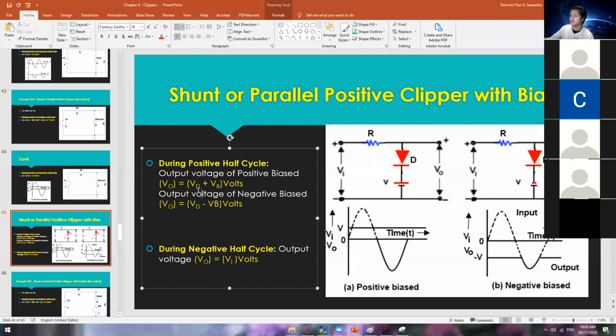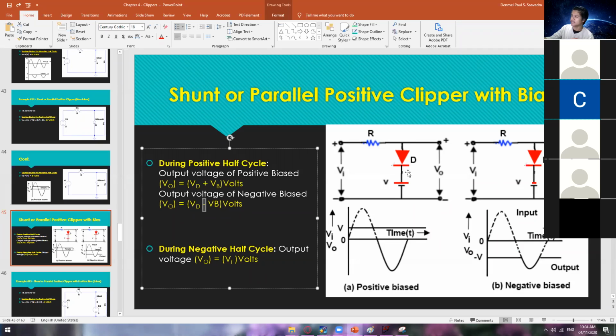All right, and then during the negative bias, the same idea: if it's in forward bias, then we have a complete loop in here. But instead of having V sub D plus V sub B, just change this one into minus since the polarity of our bias voltage now is negative.